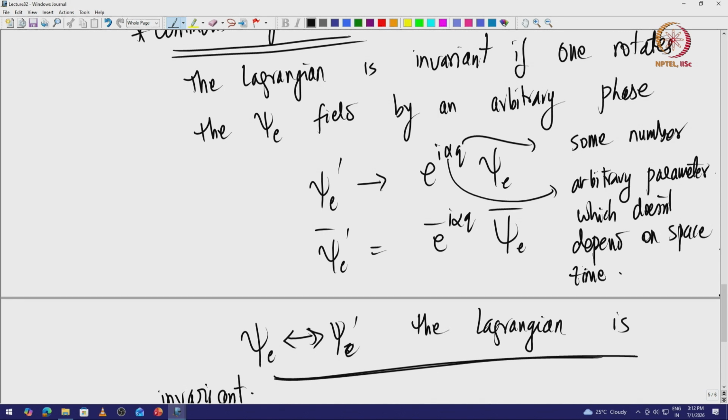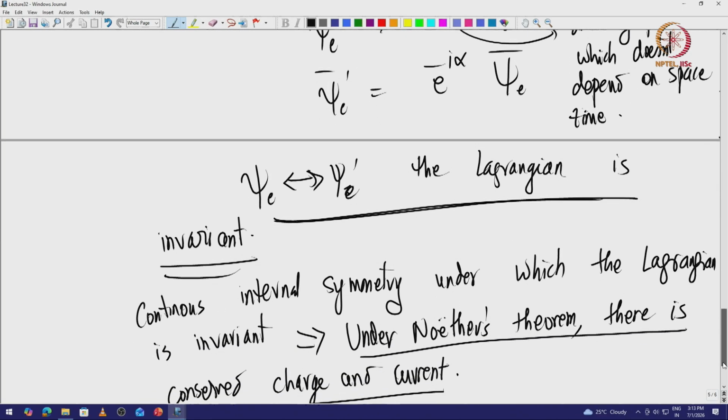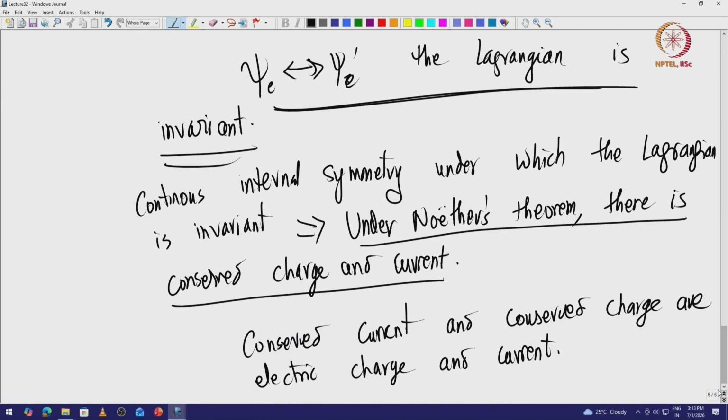For all practical purposes you can forget about this Q. It does not really matter because we are only in a theory of one electron and one photon. So we can just put it as i alpha, and the electric charge can be normalized to 1, and so this will just become some arbitrary phase essentially. So there is a conserved current and conserved charge, which are essentially electric charge and electric current.